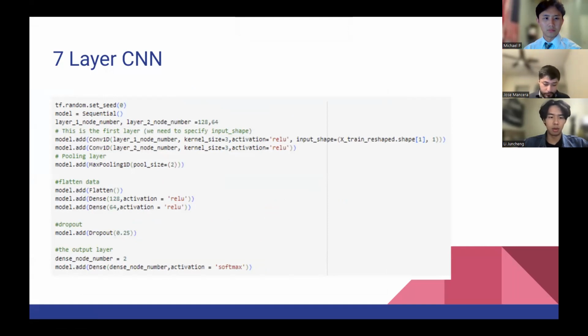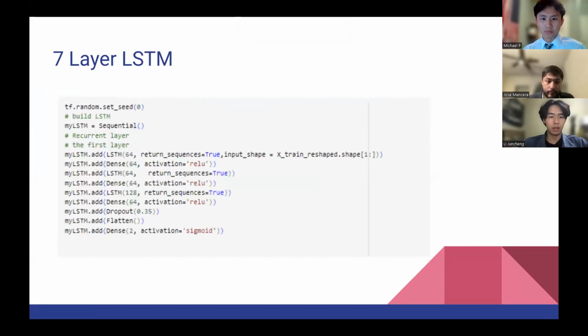We have 2 convolution layers, 1 pooling layer, 1 flatten layer, 2 dense layers, then dropout, then the output layer. And here's the code for the 7-layer LSTM. We have 3 LSTM layers, 3 dense layers, and 1 output layer.